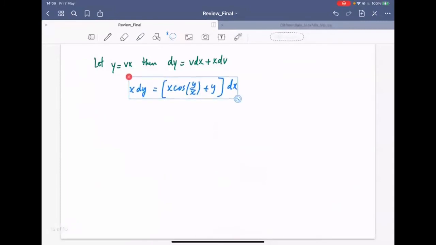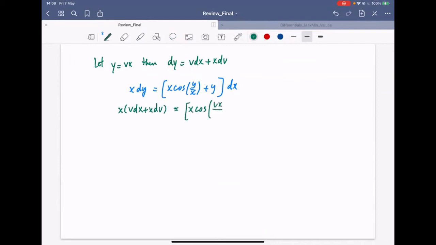We're going to plug in now, so it's going to be x times (v dx plus x dv), and then x cosine(vx over x) plus vx, dx. You pray that something is going to cancel, please. Let's see if you have something cancel here.